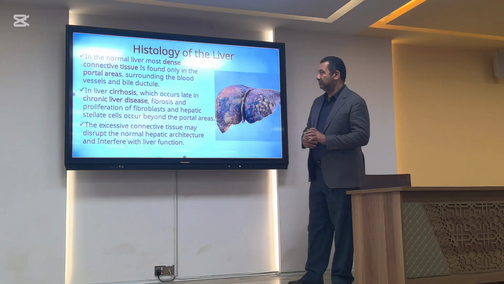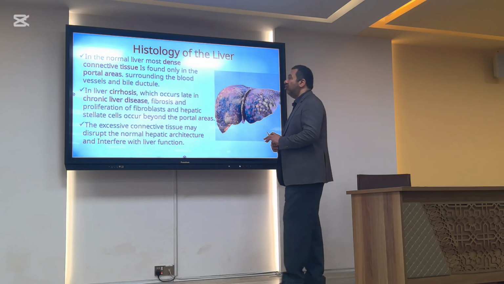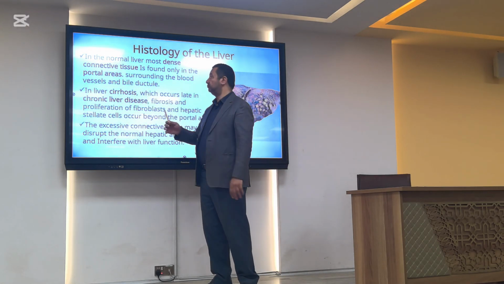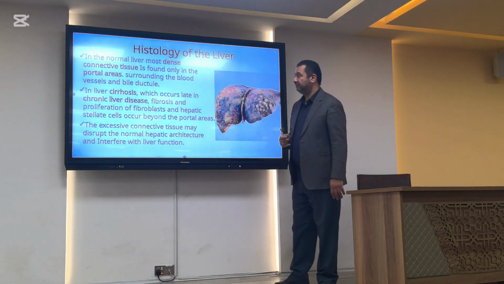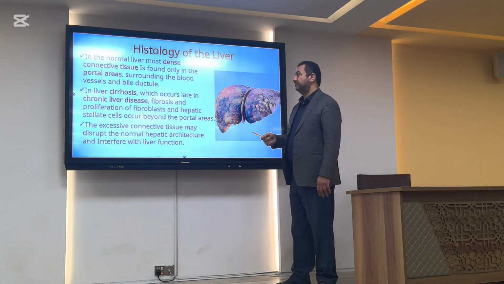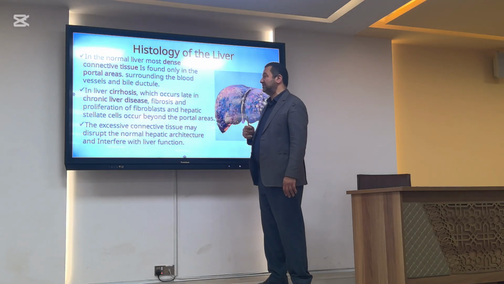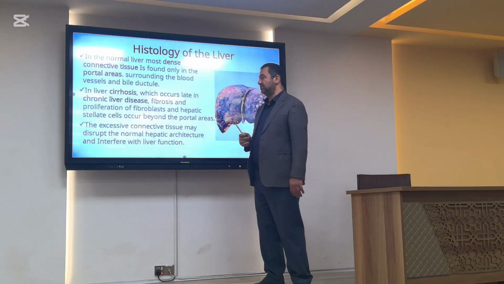In the normal liver, most dense connective tissue is found only in the portal area, in each portal area, surrounding the blood vessels and bile ducts. In liver cirrhosis, which occurs late in chronic liver disease, fibrosis and proliferation of fibroblasts and hepatic stellate cells occur beyond the portal areas.